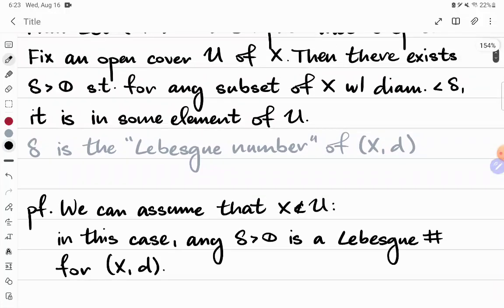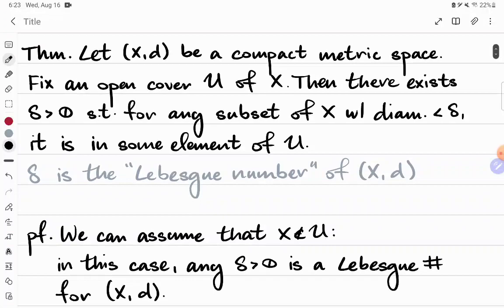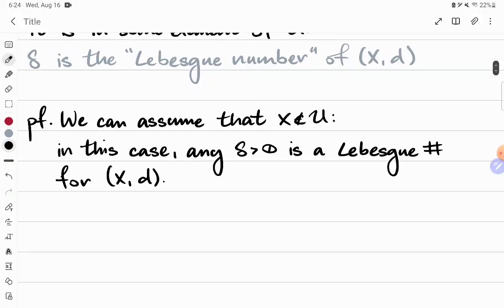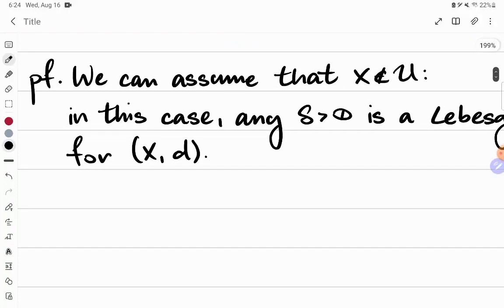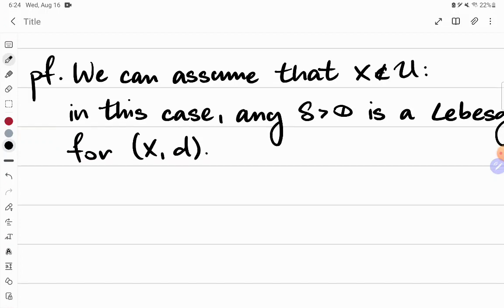Right, and why is this the case? Well, if the whole space is in the open cover, then no matter what diameter of the set is chosen, irrespective of this delta, any subset of diameter bounded by that number is going to be contained in an element of this open cover, namely that whole space itself, because every subset is tautologically contained in X. So we can eliminate this edge case, and we can assume that all of these open subsets that form a cover are proper. That is, they're not the whole space itself.